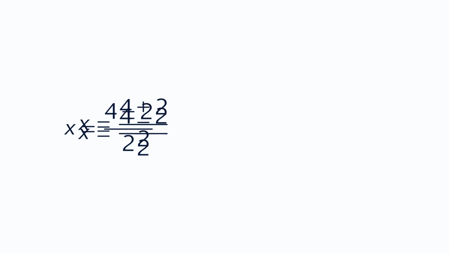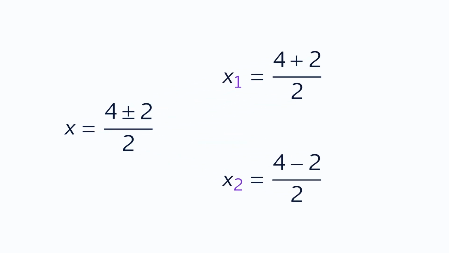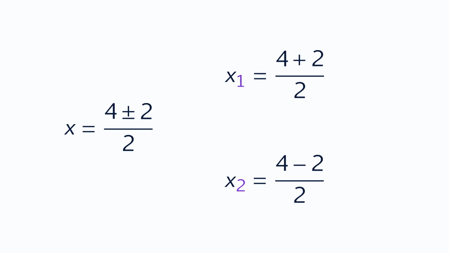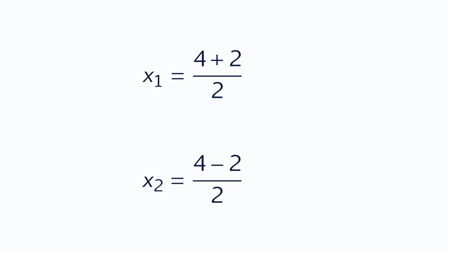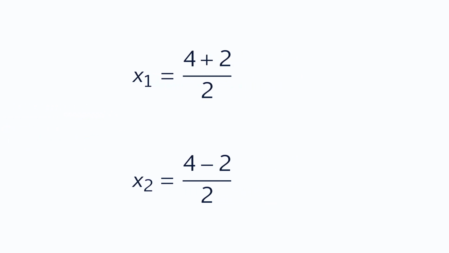Just separate the equation into two equations, like this. x1 equals 4 plus 2 divided by 2, and x2 equals 4 minus 2 divided by 2. In math, we use subscripts, among other things, to give solutions unique names. From here, it's just finishing up the calculations.